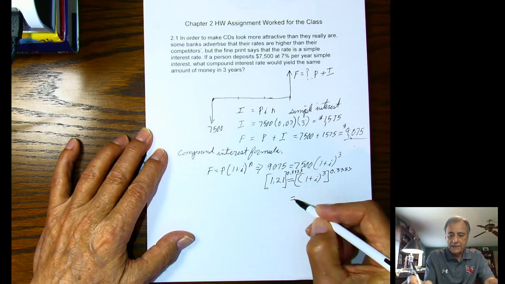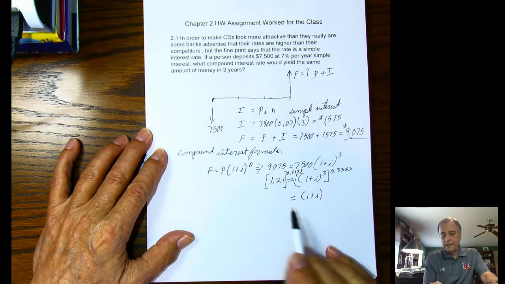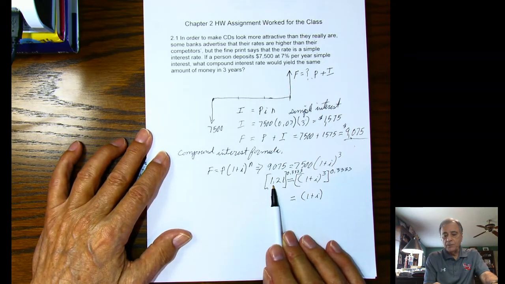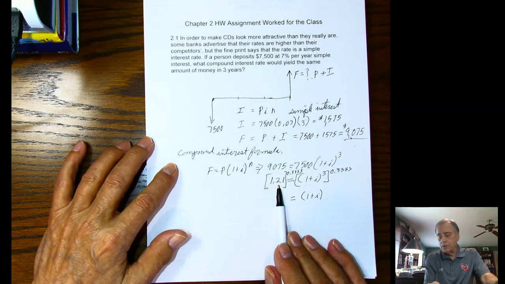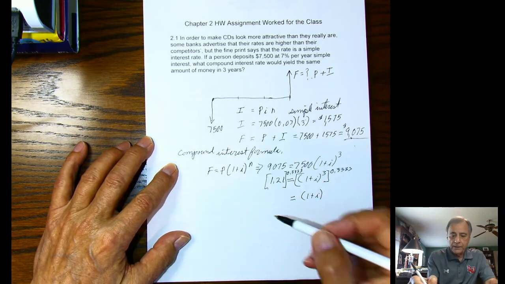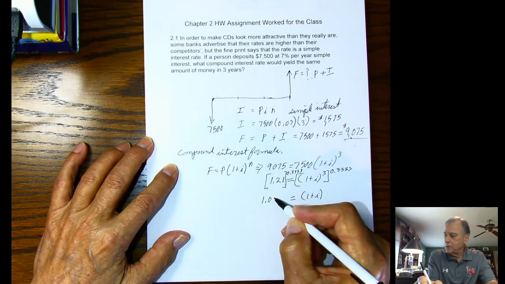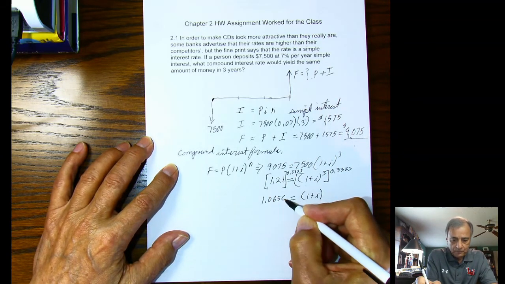So on the right-hand side, I get 1 plus i. But on the left-hand side, I have to get the 1/3 root of 1.21. If you plug into a calculator, you will get that root is 1.0656.